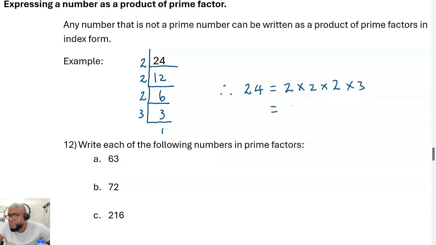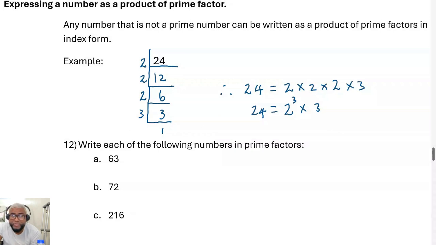So this will be 2 to the power of what, Francis? 2 to the power of 3, multiplied by 3. So 24 can be expressed as 2 to the power of 3 multiplied by 3. This is writing a number as a product of prime factors, right?